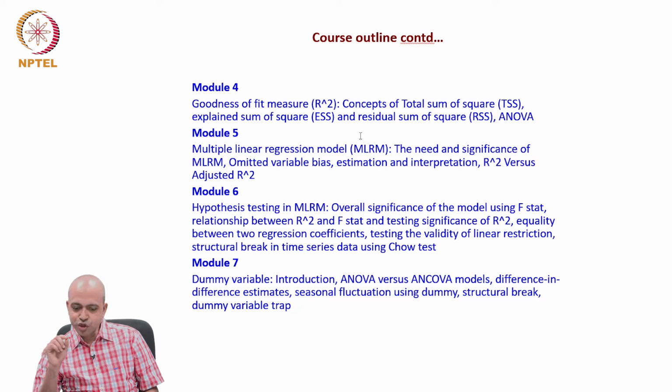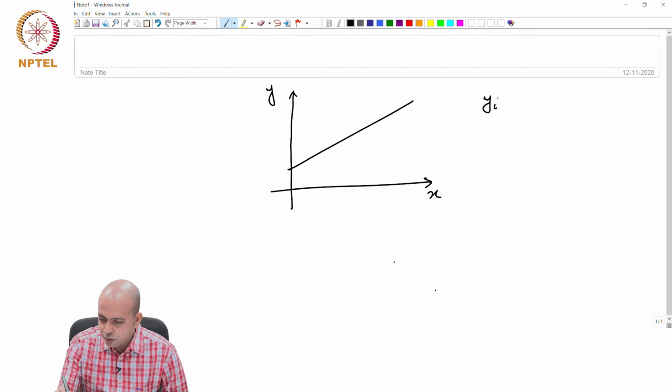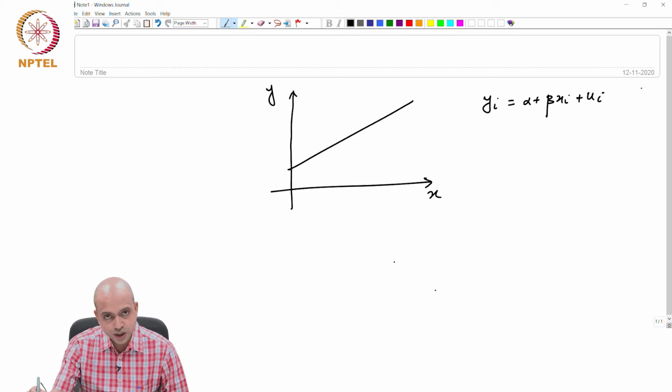Then we will learn the estimation and interpretation of the coefficient, because interpretation of the coefficient in a multiple linear regression model is different. For example, the model yi equals alpha plus beta xi plus ui is called a 2 variable classical linear regression model.